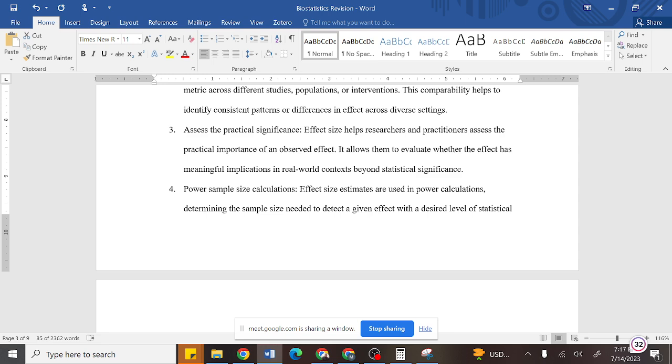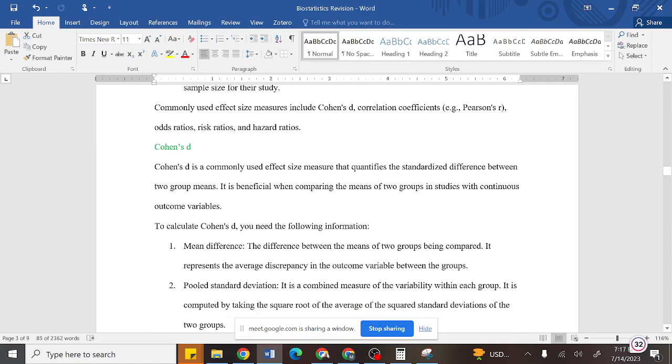And therefore, effect size is very important in determining the power of a given sample size. So that's point number 4.